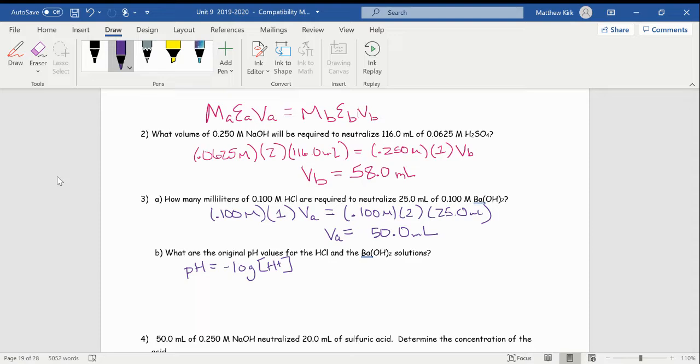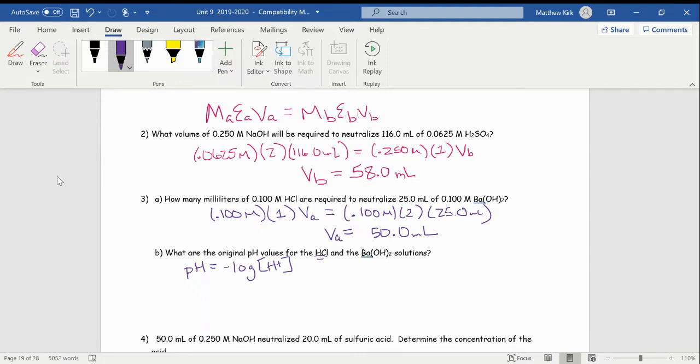But remember, we can only use this formula if we're given the molarity of the acid. That formula, finding the negative log of the H plus concentration, only works with an acid. It doesn't work with the base. So I'll talk about the base here in a couple seconds.